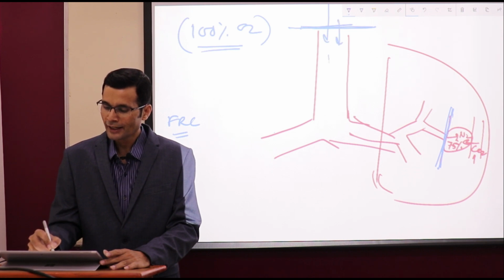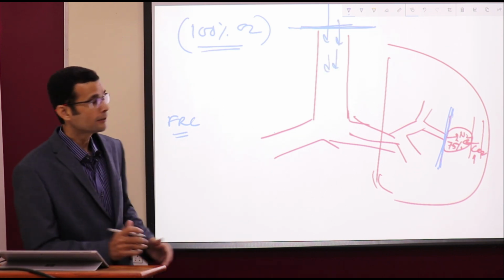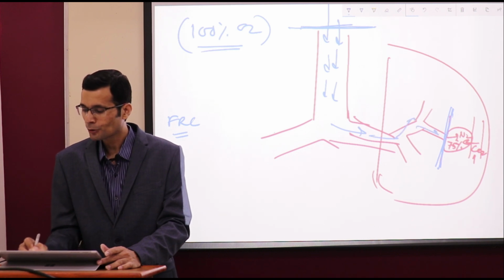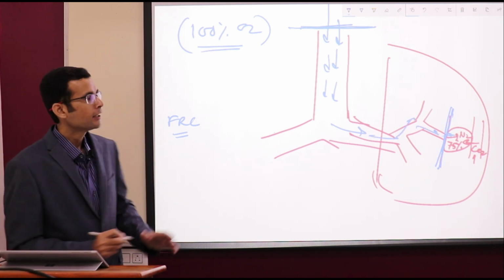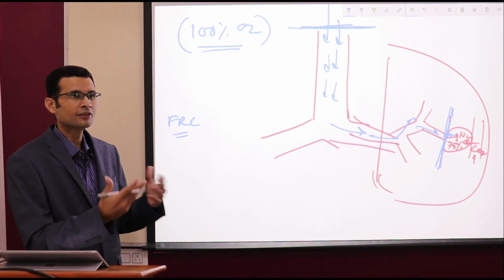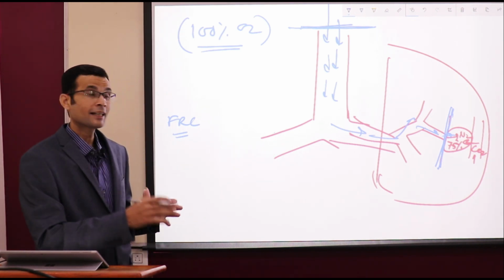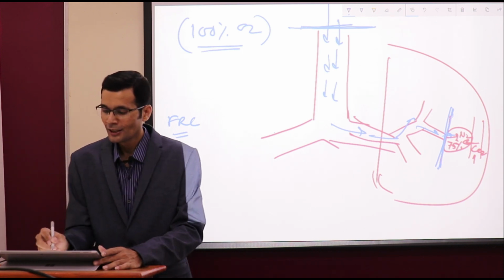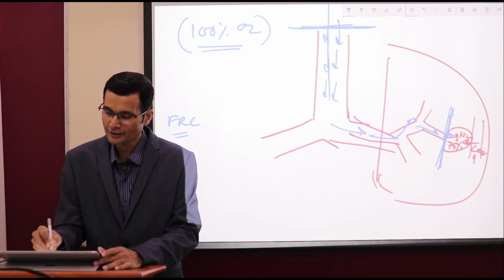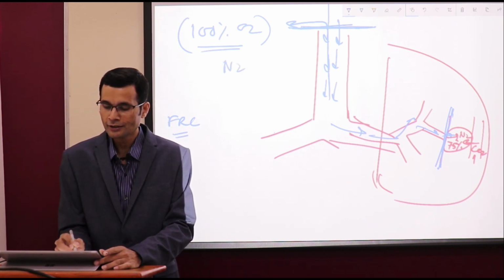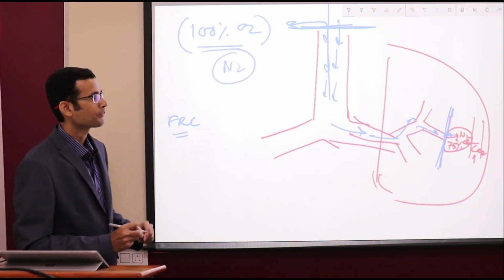The person inspires this air, 100% oxygen. It will reach the alveoli, and at the end of, let's say, 3 seconds, inspiration abruptly stops and now the expiration starts. As the expiration starts, we will start analyzing the nitrogen in the exhaled air.